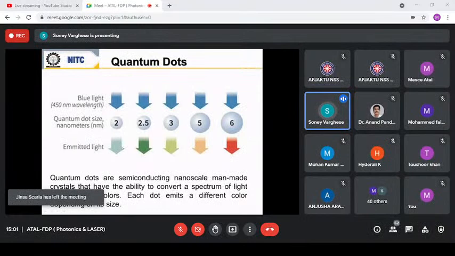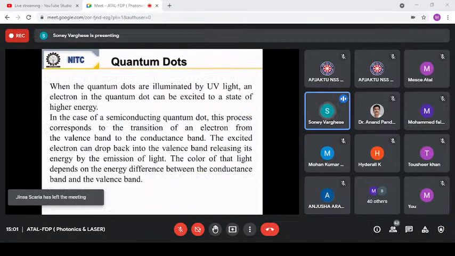So the same aspect we are also using in display devices, right? We can use quantum dots to improve the performance of LCD systems. We have a variety of materials available nowadays.